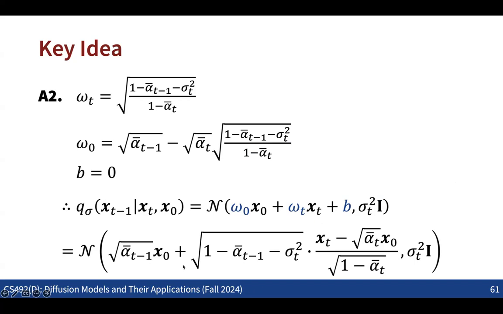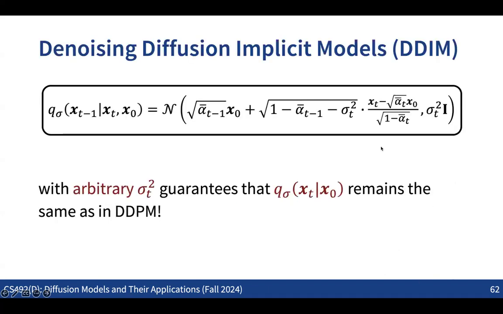If we define the distribution for sampling x_{t-1} from x_t and x_0 in this form, then whatever variance we have here, without any dependency on the definition of the variance, this specific form of the posterior distribution guarantees that the distribution for the forward jump remains the same as the DDPM.